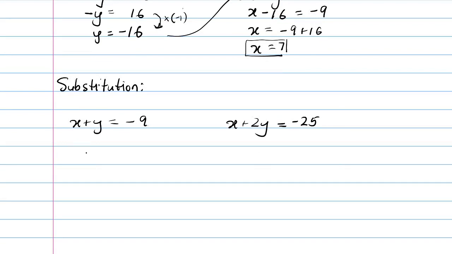So you need to find one of the variables. Let's find x. Using this equation, you just move the y to the other side, you get x equals negative 9 minus y, and then you substitute it over here.